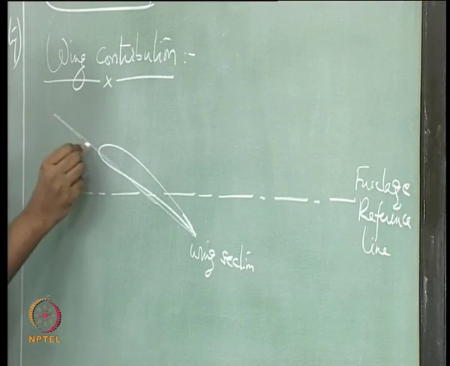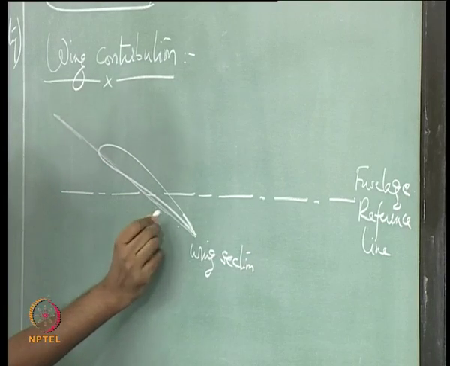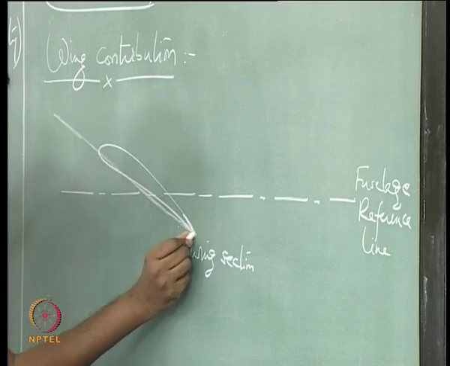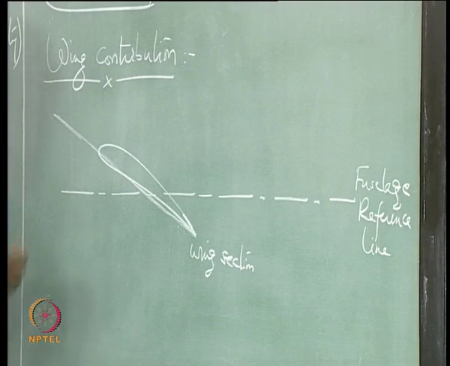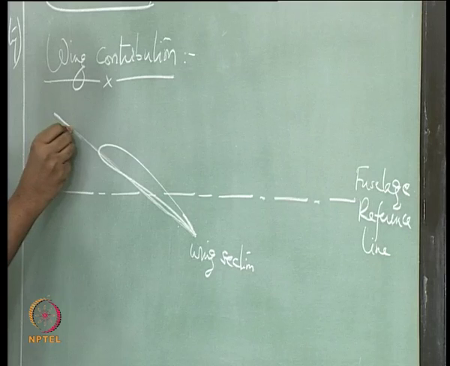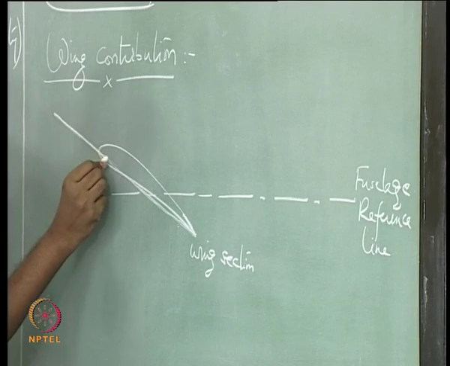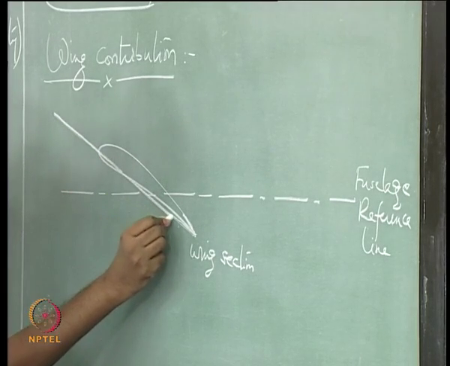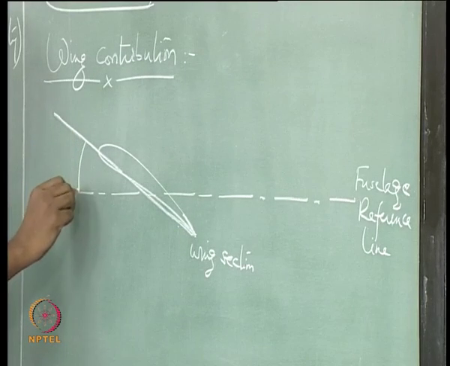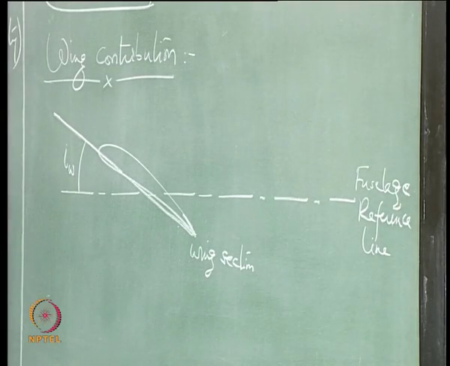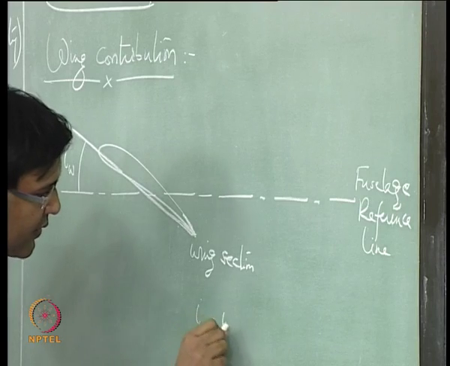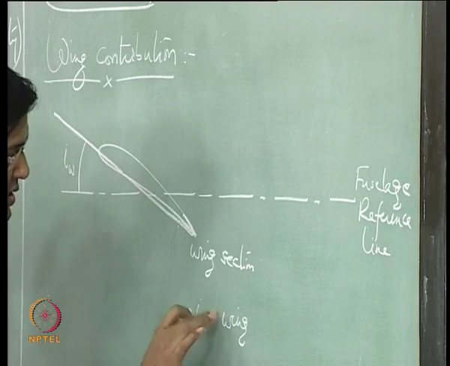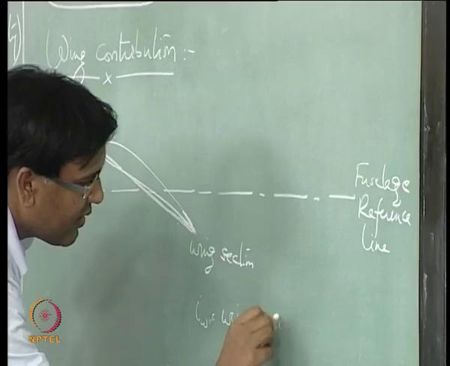The chord line of this wing section is this, which is making an angle IW with the fuselage reference line. IW is known as wing incidence.